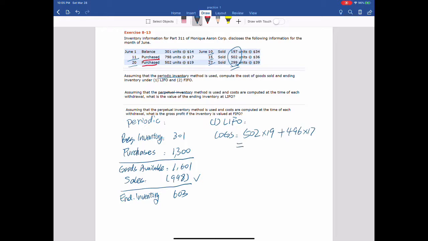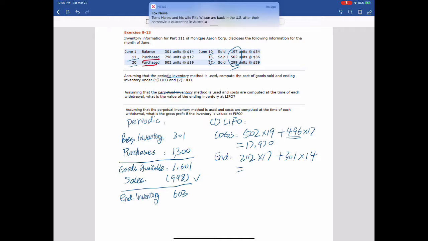So cost of goods sold is 17,970. For the ending inventory, the number of units sold from the purchase on June 11th was 496. There will be 302 left, multiplied by 17, and the beginning balance of 301 is still left. So the ending inventory is 9,348.